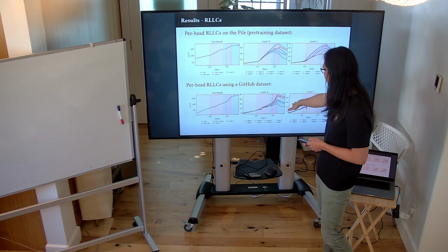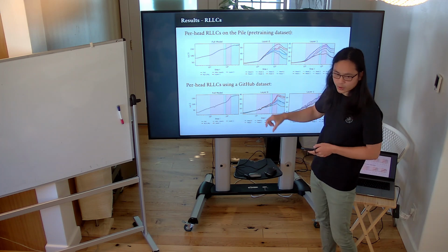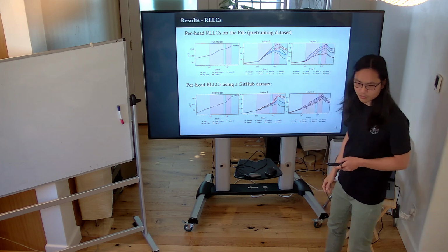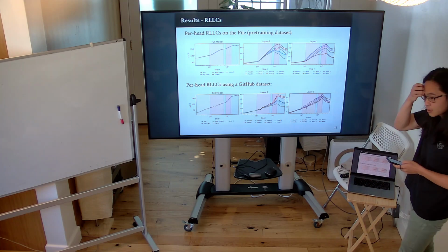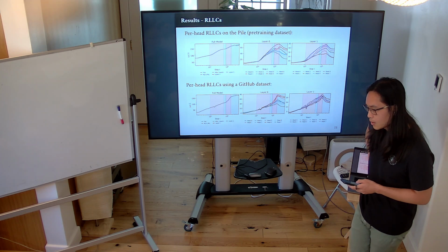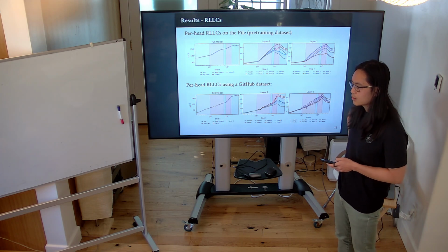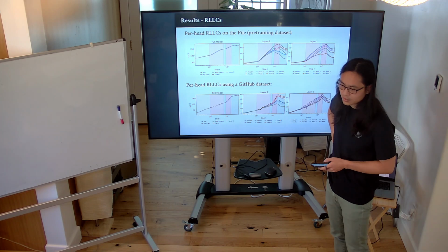And in this case, we're doing the same weight refinement, except that we substitute the pre-training data set with a GitHub data set. For the attention head, are you considering Q, K, V and O, or just which weights? All of them. Okay.